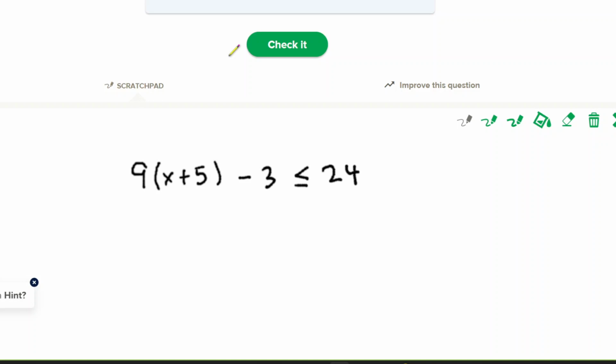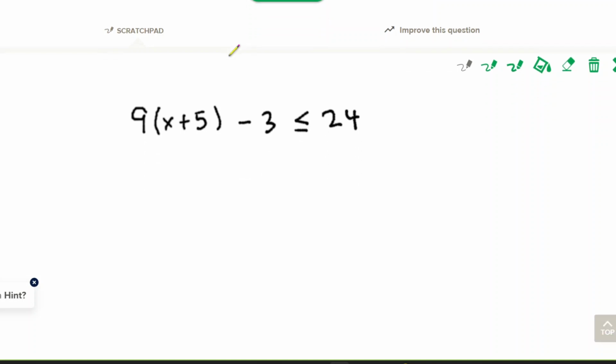The first option was -2. So I'm going to check, to see if certain values are actually solutions, that make this a true statement.